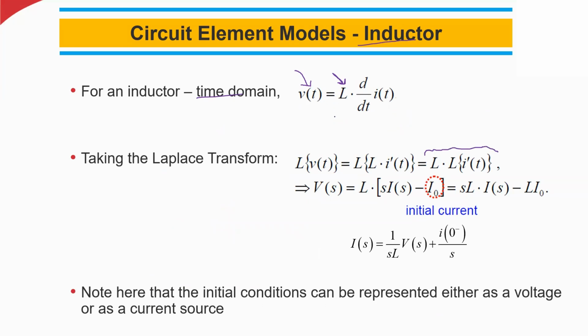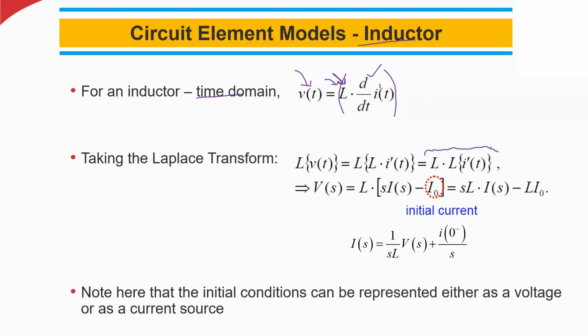We take the Laplace transform of this entire term. L is the constant, so it is just outside. Then the Laplace transform of dI by dt, which is the derivative of the current, a one-time derivative, so we write I dash. So L of I dash of t.